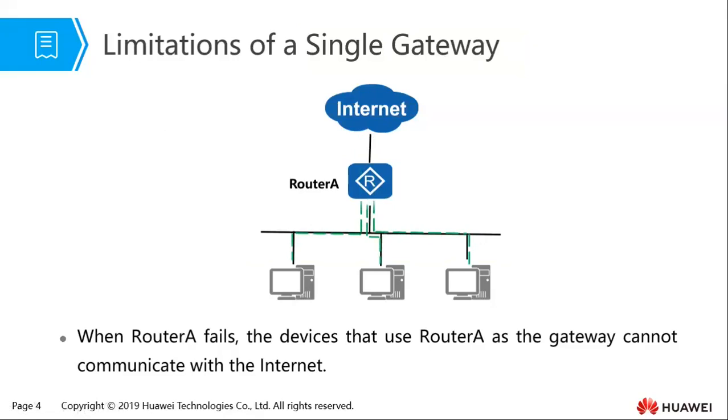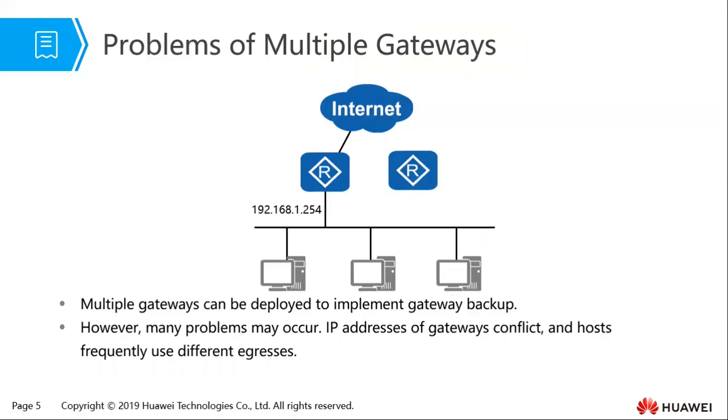Now, as you can see, all traffic to the internet is going via router A, which is our gateway. So if router A is down, then no one is able to access the internet. Now, one of the solutions to this is implementing multiple gateways. So these again provide new challenges.